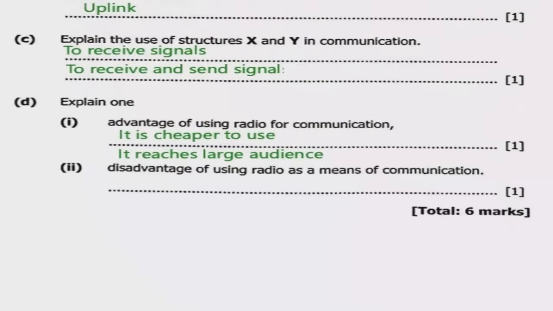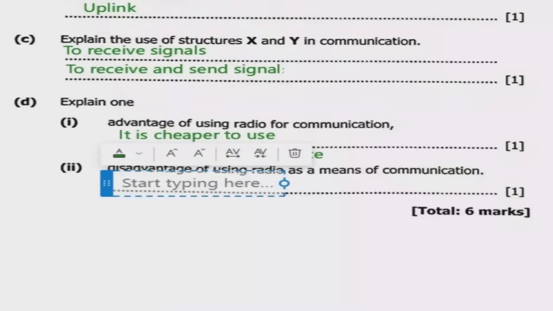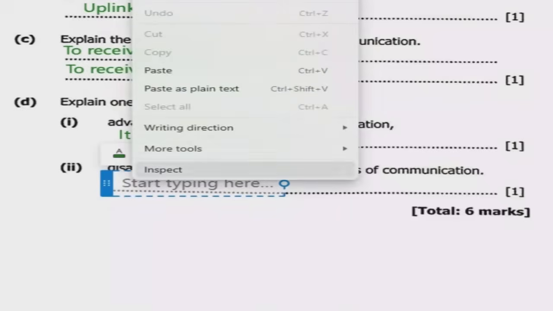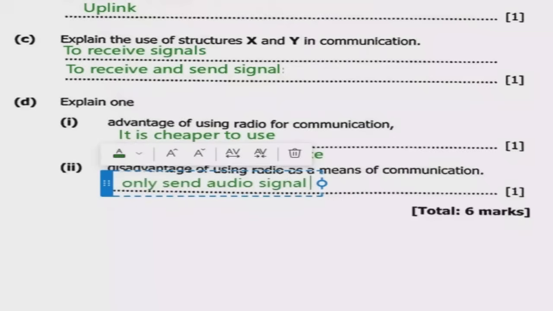Question D2. Disadvantages of using radio as a means of communication. The disadvantage of using radio signal is that it only sends audio signals.